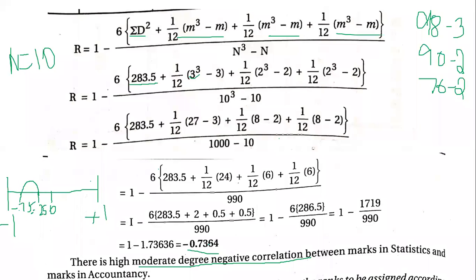And if you see, this number is very close to minus 0.75. That is the reason why they say high moderate, when you are very near to the number.